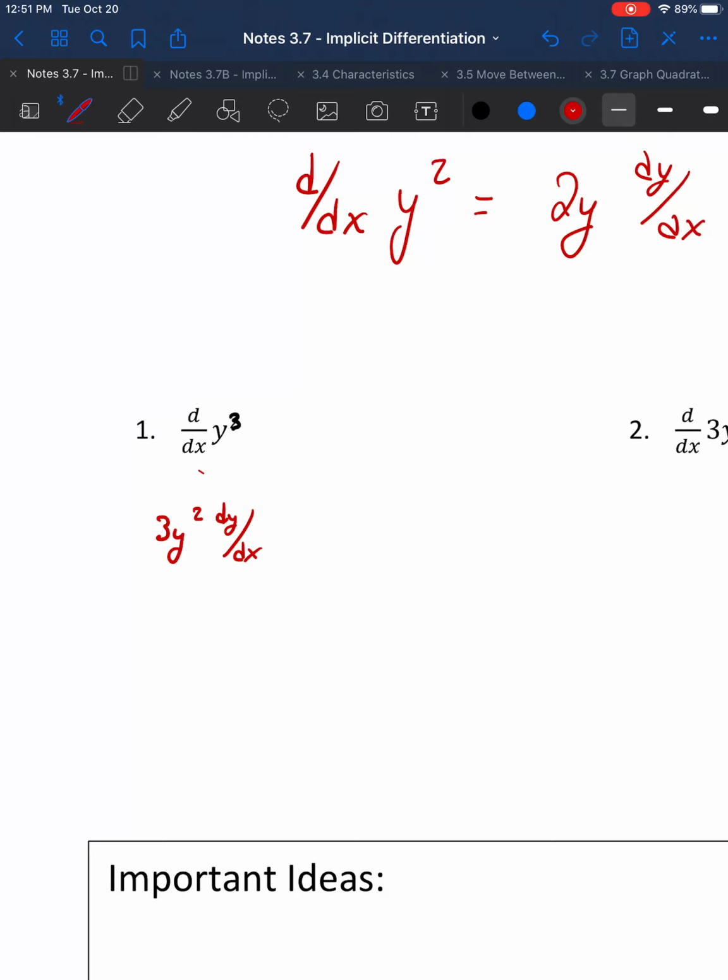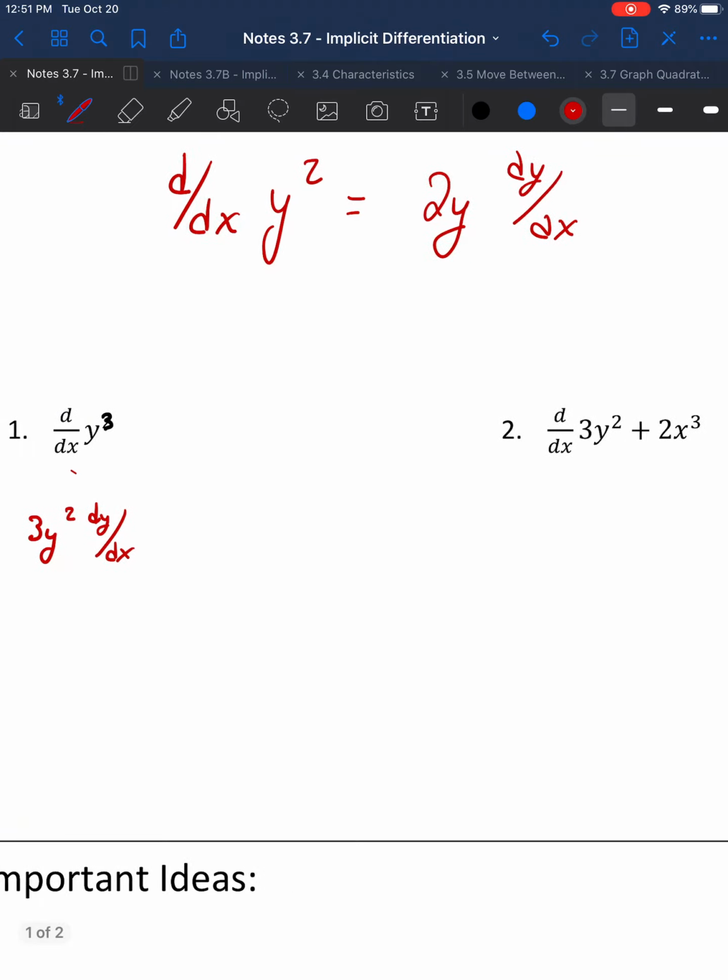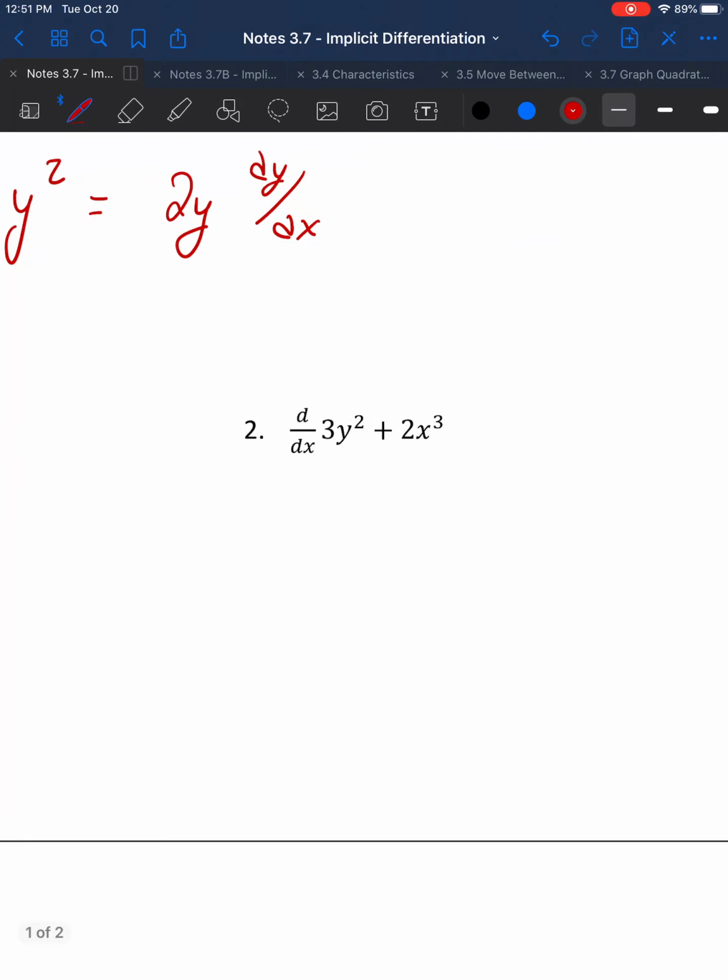So I'm going to change this problem. Let's make it y cubed. The derivative of y cubed means I take the derivative like normal, so I'd have 3y squared, but then I have to make the comment that I took the derivative of y with respect to x. So we would tack on the dy/dx.